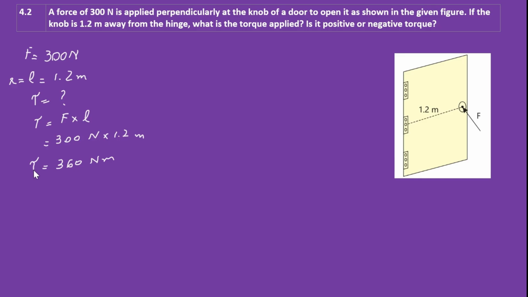and this will be the total torque which the force will produce in this door. The next thing that we are asked is whether this torque is positive or negative. We know that if the torque is in anticlockwise direction, if I draw the arrows like this, then this torque is usually taken as positive torque.